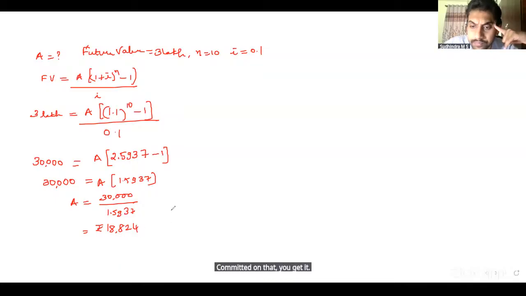Arpita, clear? Understood? Yes, sir. Anyone writing this? So did you round it off? Yes, Kushal? You rounded off the amount?